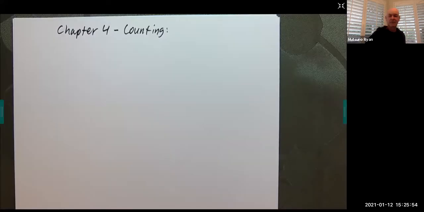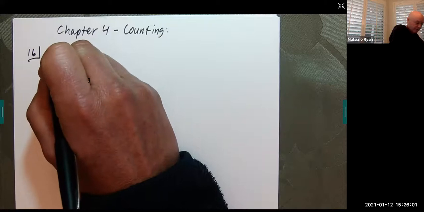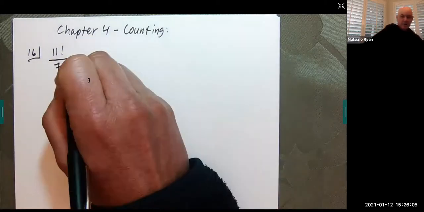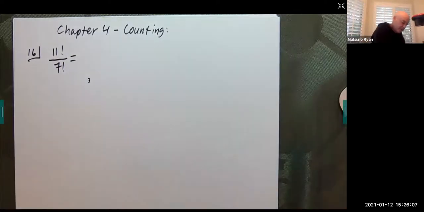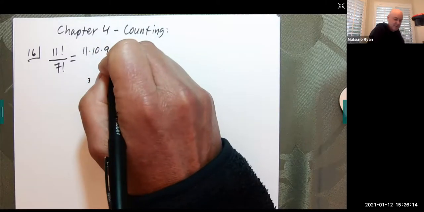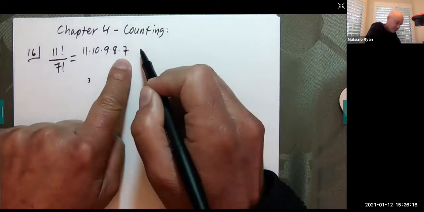It's not particularly complicated. So we're going to start with number 16. We have 11 factorial over 7 factorial. And if you remember, 11 factorial can break down to 11 times 10 times 9 times 8 times 7 times 6 times 5 times, but that 7 times 6, that is 7 factorial.